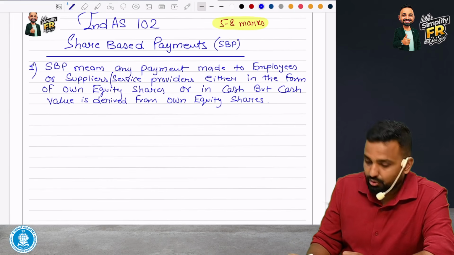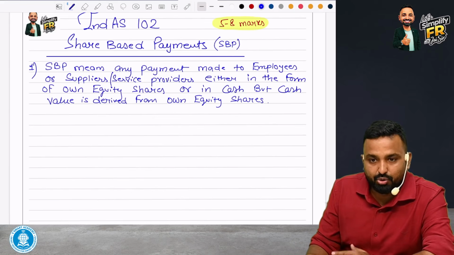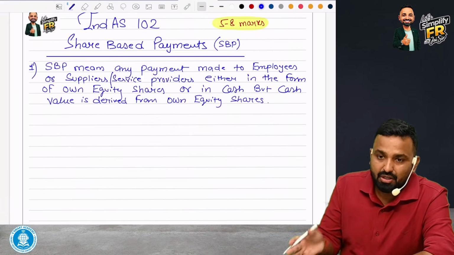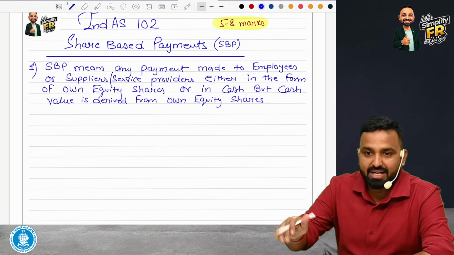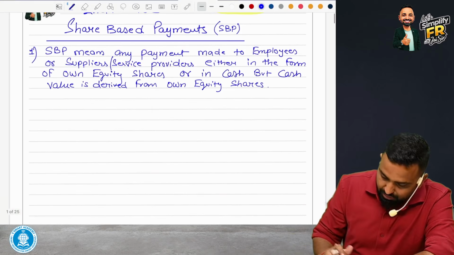Understood? SBP means any payment made to employees or suppliers in the form of either shares or cash, but the cash value should be derived from the own shares.